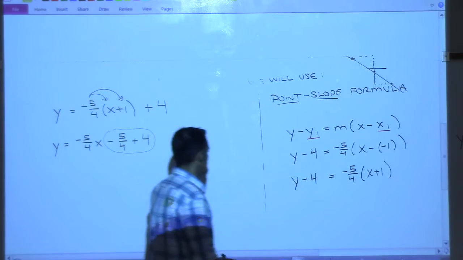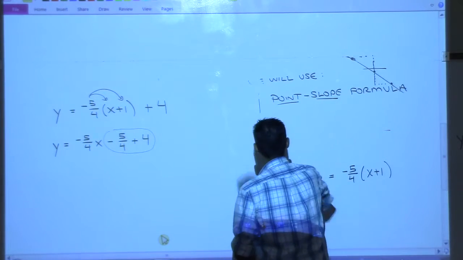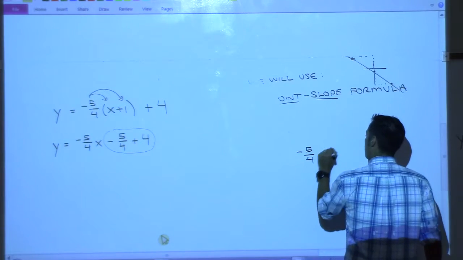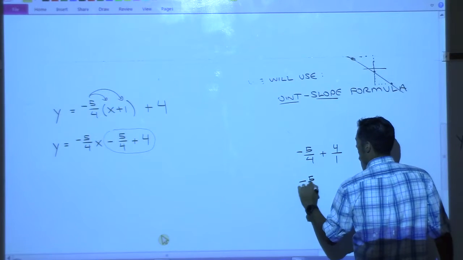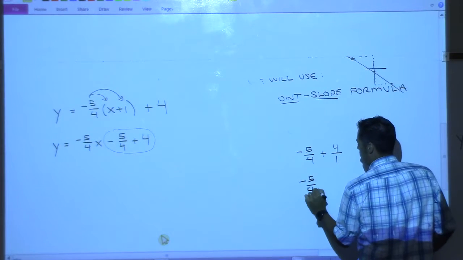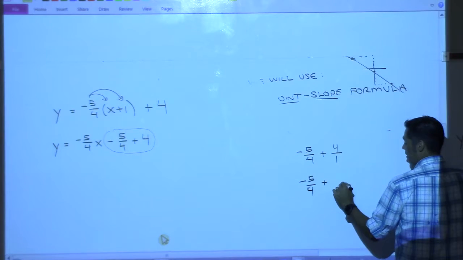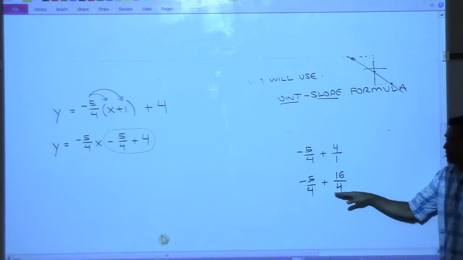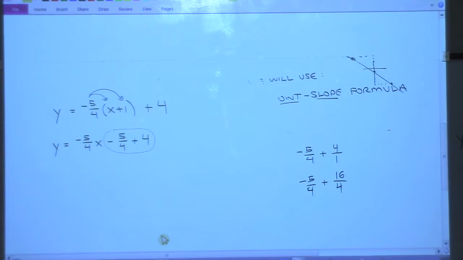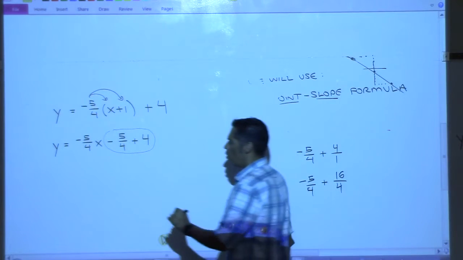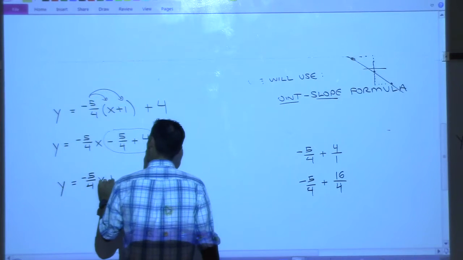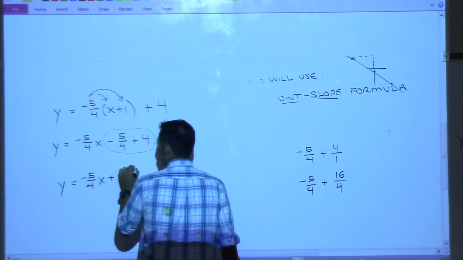So over here on the side, you need to do negative 5/4 plus 4 over 1. Multiply top and bottom by 4, 16 over 4. So getting a common denominator, and then adding those together, you should get what when you add those? 11 over 4? And now we are done.